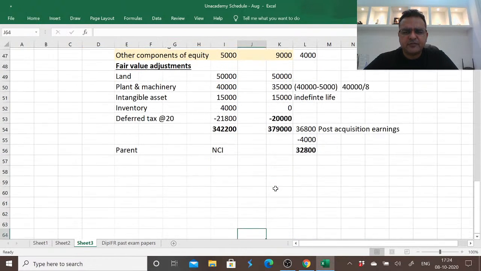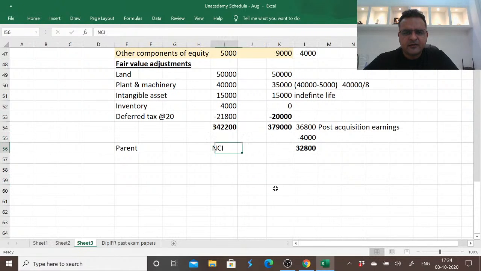And if 80% belongs to parent, 20% belongs to NCI, then out of this 32,800 and this 4,000, 80% of this belongs to the parent, 20% of it belongs to NCI. This will go to group retained earnings, and this will go to other comprehensive income, that is OCI.